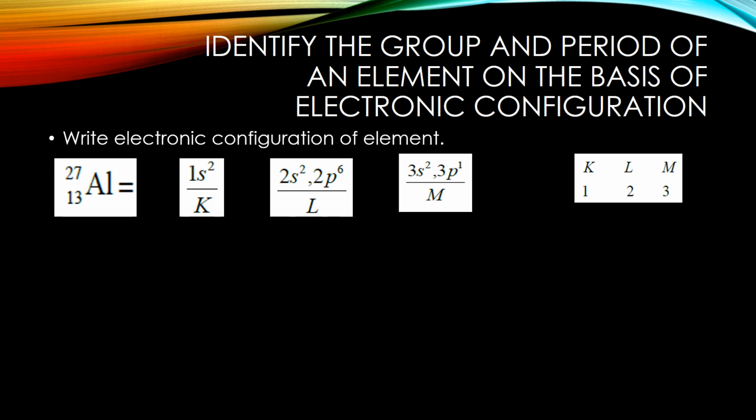This s orbital is completely filled, and 3p1 contains only 1 electron, because up to 3s2 you can see 12 electrons are fulfilled, and only 1 electron is remaining that will fall in this 3p orbital. So the electronic configuration for aluminium will be 1s2, 2s2, 2p6, 3s2 and 3p1.